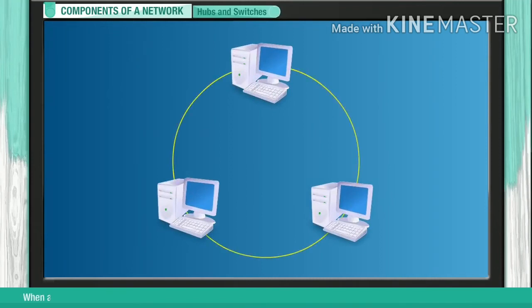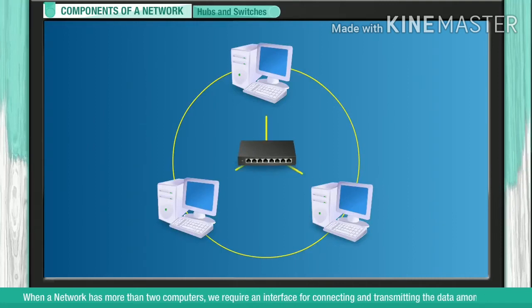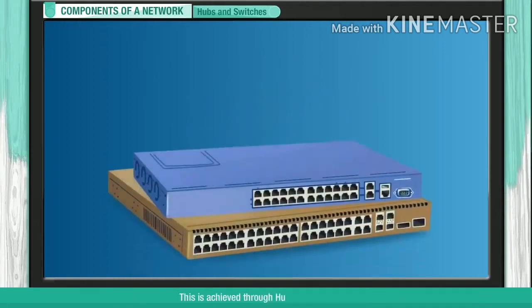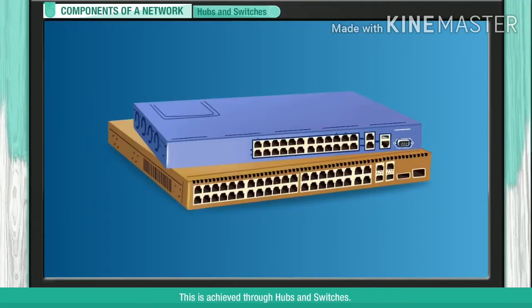Hubs and switches. When a network has more than two computers, we require an interface for connecting and transmitting the data among them. This is achieved through hubs and switches. Each computer on a network is connected to a hub and or switch through an Ethernet cable.